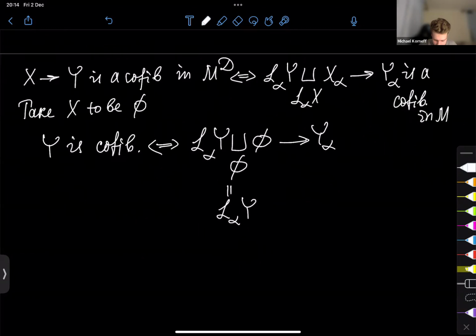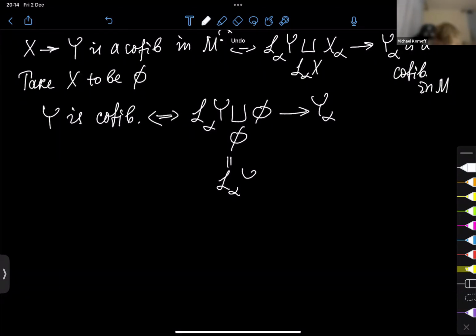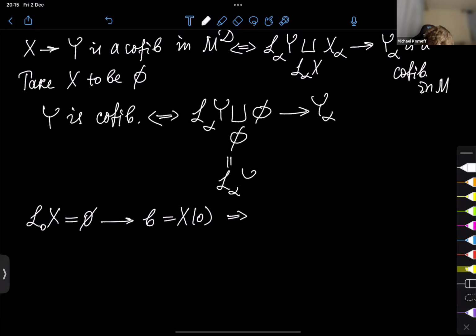and it means that we should have that this map should be a cofibration, so it implies that B should be cofibrant.